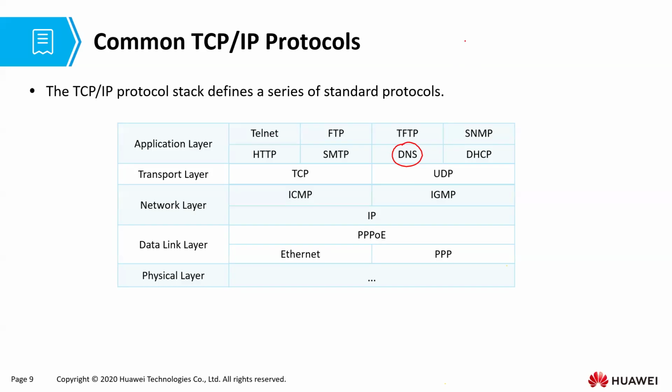You go to youtube.com. YouTube.com, this is what we call a domain name, right? Then what you are doing is basically trying to connect to a server at YouTube. A server is identified by an IP address.